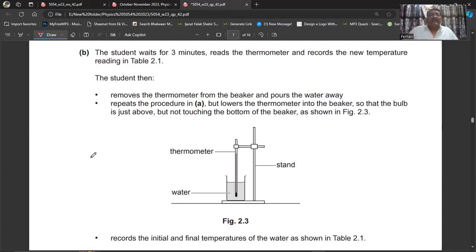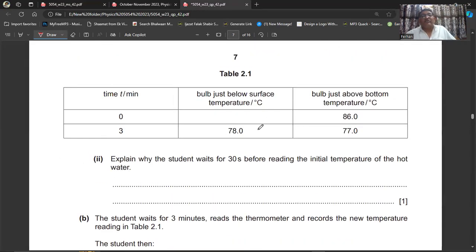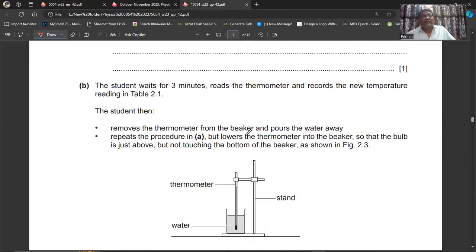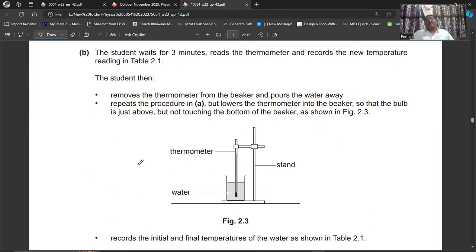So whatever the temperature after 3 minutes is 78.0. The student then removes the thermometer from the beaker and pours the water away. Repeats the procedure in the A part, but lowers the thermometer into the beaker so that the bulb is just above, but not touching, the bottom of the beaker as shown in the figure.